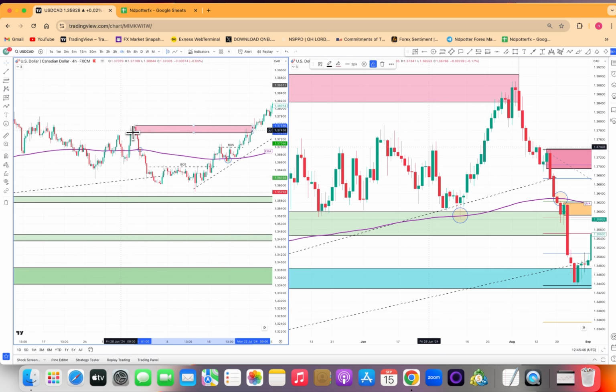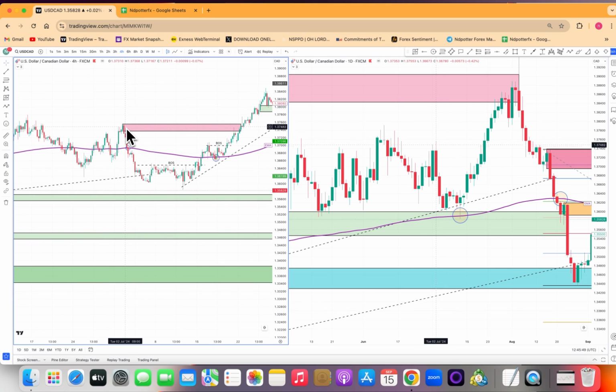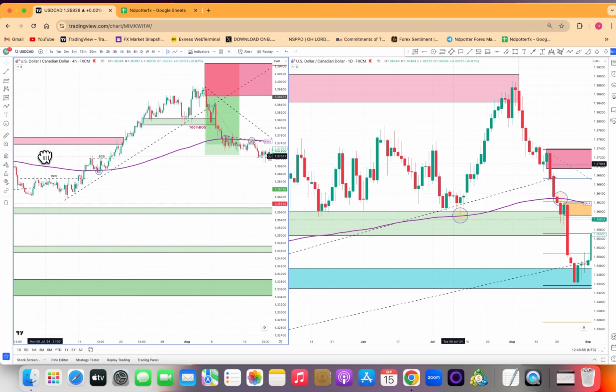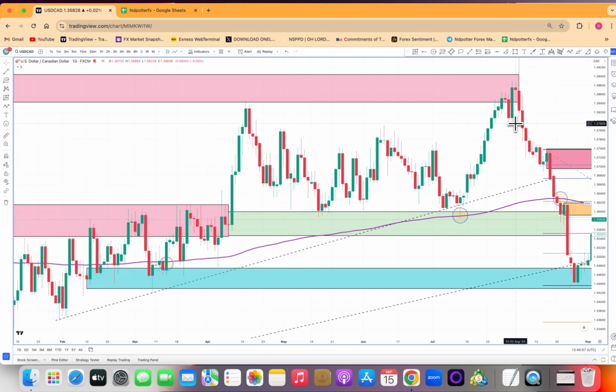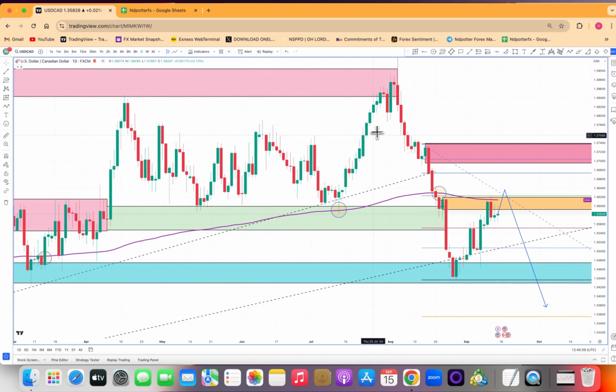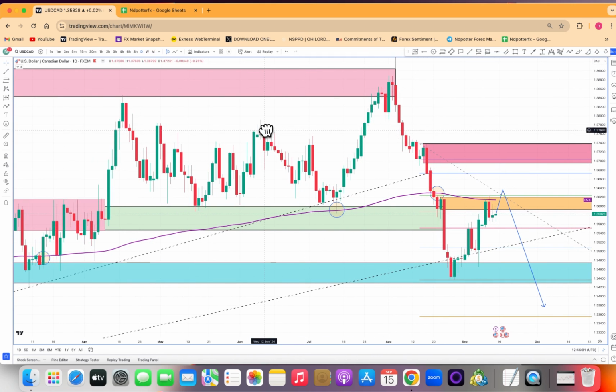Somewhere around here, when I saw this, this is when I first took my first shot, which didn't play out. Let me focus on the daily time frame to explain to you guys. When this market got to this area, this is when I called out the first shot. I was expecting this market to take out this demand zone here and continue to the downside.